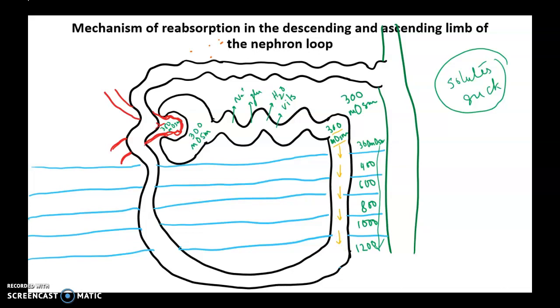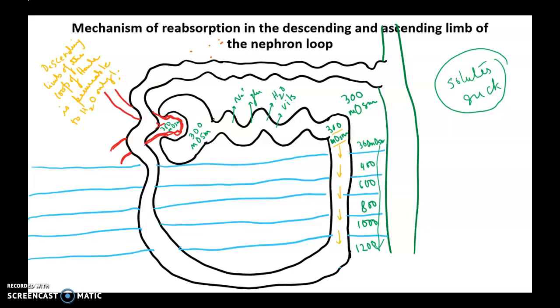Before that, remember, the descending limb of the loop of Henle is permeable to water and water only. I will make a note here: descending limb of the loop of Henle is permeable to water only.